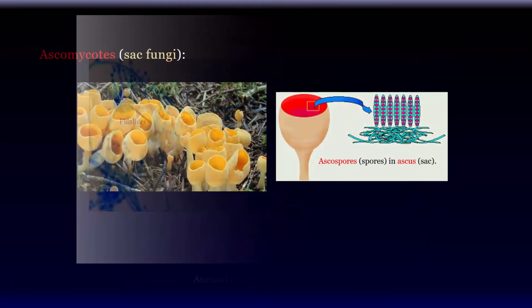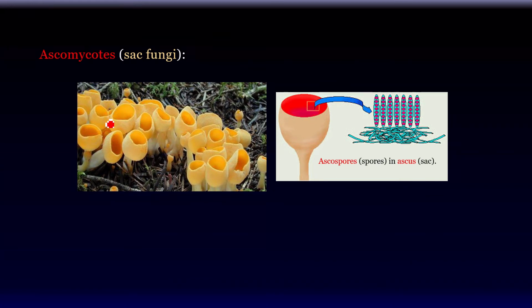Obviously, this is a 30,000 species-rich phylum, so there are many different physical variations to these fungi, but the physiological pattern is very similar. Here are sac fungi. If you take a microscopic view of this particular fungus, you see this sac.